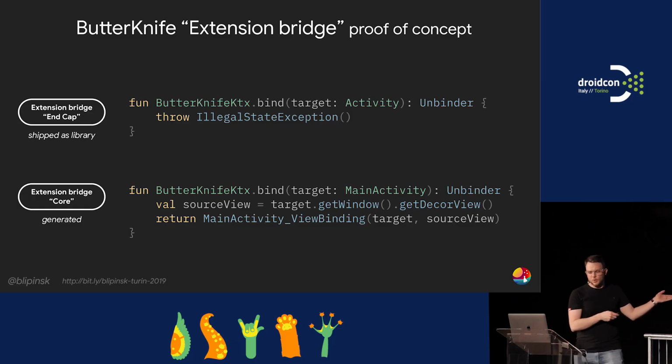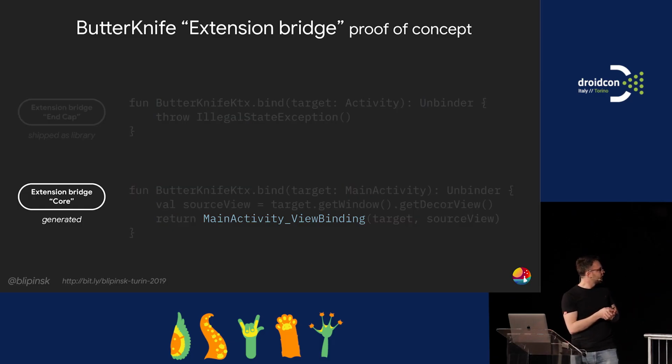And it's doing it without any Java reflection. It knows the name of the method, just like the Butter Knife reflection bridge did. It knows how to create it, and how to return it as an Unbinder interface. All this originally was achieved with Java reflection, but here we are simply creating classes.